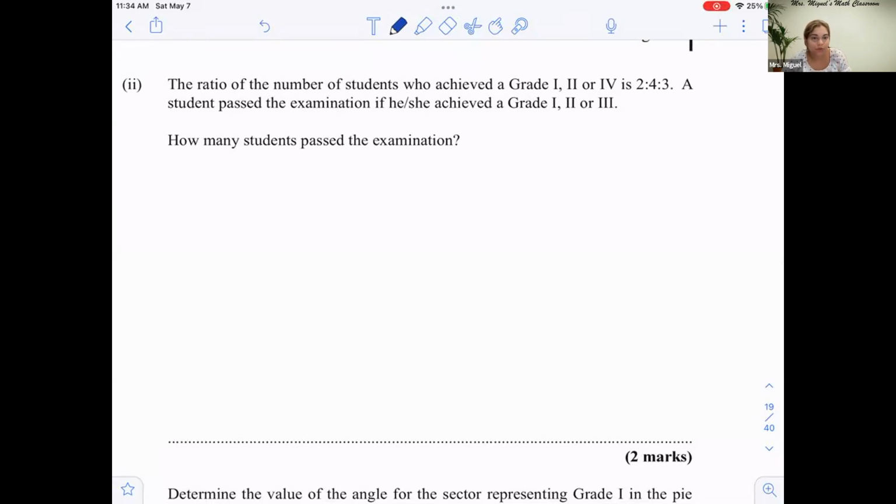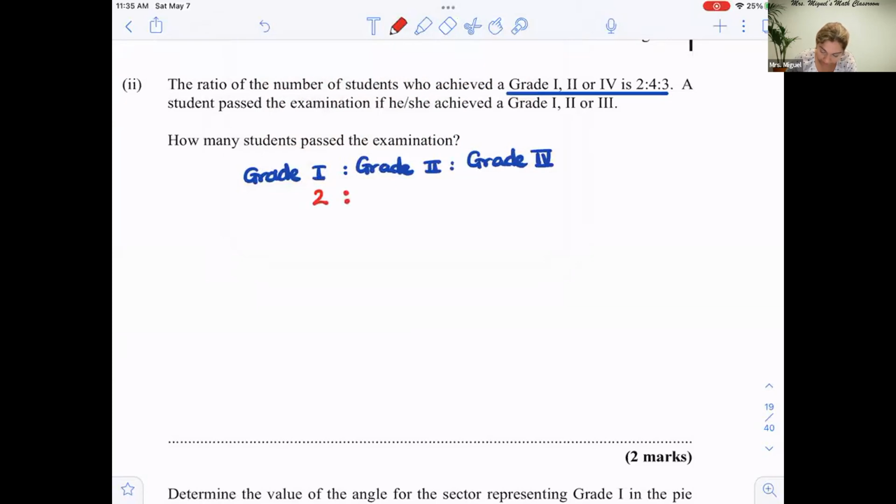The ratio of the number of students who attained grade 1 to grade 2 to grade 4 is 2 to 4 to 3.